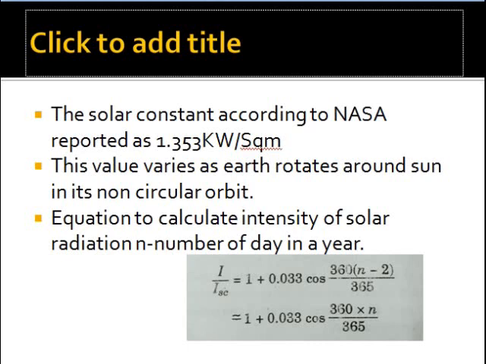This equation is I by I_SC, where I_SC is the solar constant, a standard value, that is 1.353. So I by I_SC is equal to 1.033 cos (360 times (n minus 2) by 365).